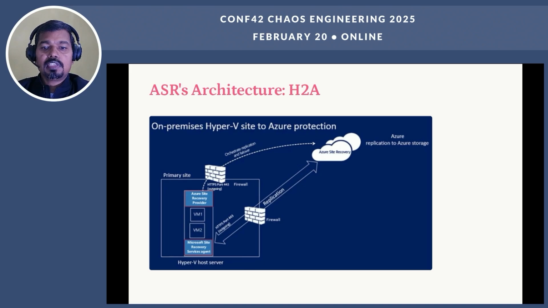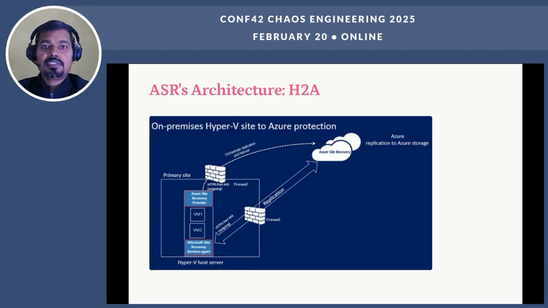While this setup provides control and flexibility, it also presents challenges in terms of disaster recovery. If an on-premises data center experiences a failure, whether due to hardware issues, natural disasters, or cyber attacks, organizations need a way to quickly recover their workloads in the cloud to minimize downtime. This is where ASR comes in.